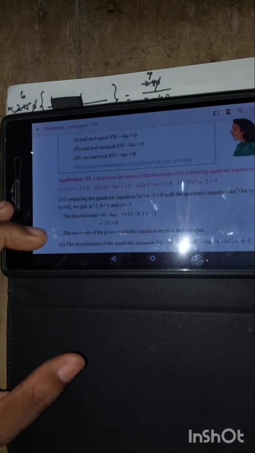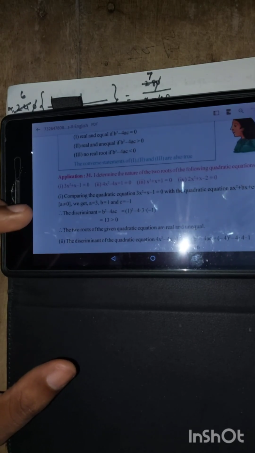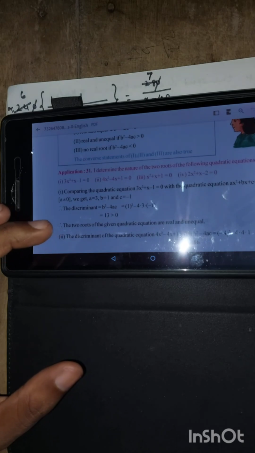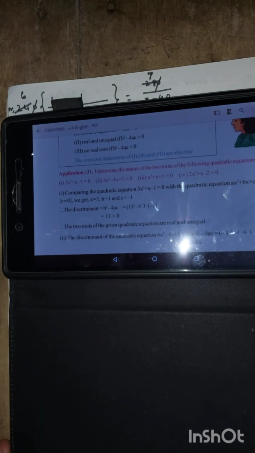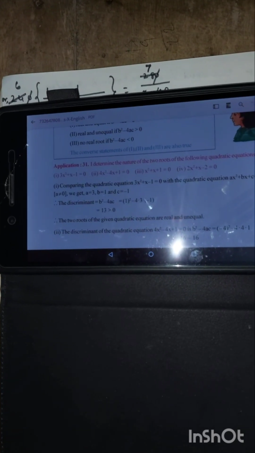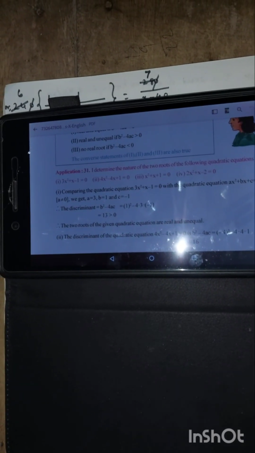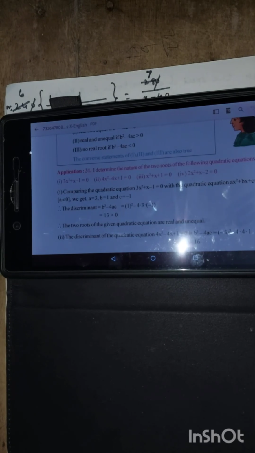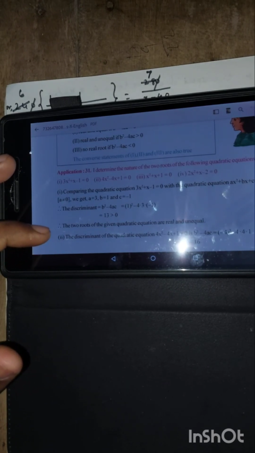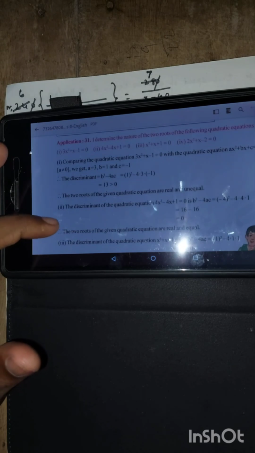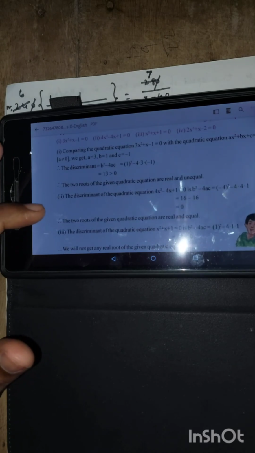So now here are some examples. Let us look at example 2, that is 4x square minus 4x plus 1 equal to 0. I hope it is visible to you. The question says, determine the nature of two roots of the following quadratic equation. So we have to find out the discriminant part.